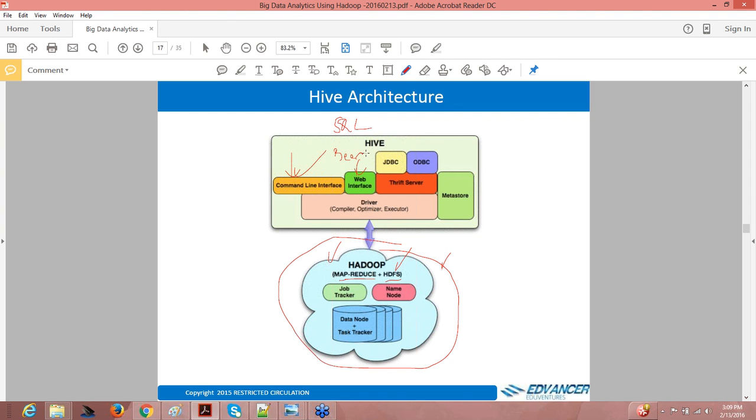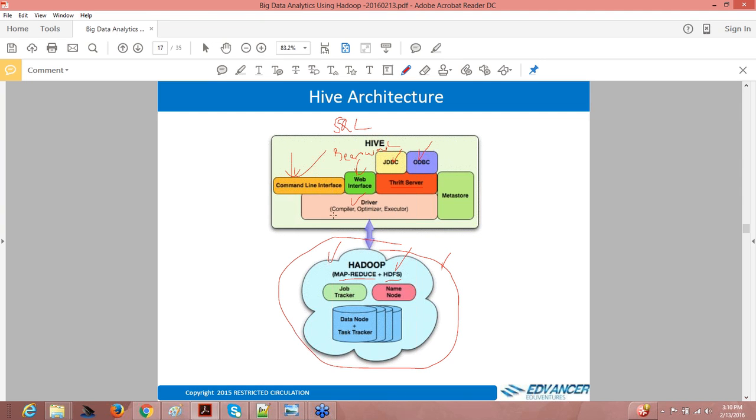This is called Beeswax. Using this web UI, we can submit queries, or we can submit remotely from a Java program or other programs using the JDBC/ODBC driver. Here you need a Hive server, which internally uses the Thrift protocol for converting the SQL queries into MapReduce jobs. All these components, like the command line shell, the web interface, or the Thrift server, use a driver instance.